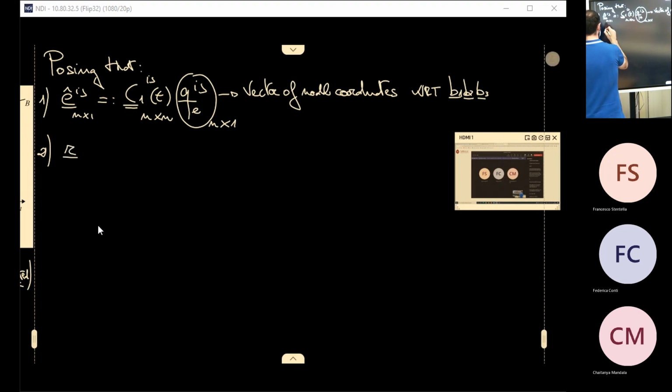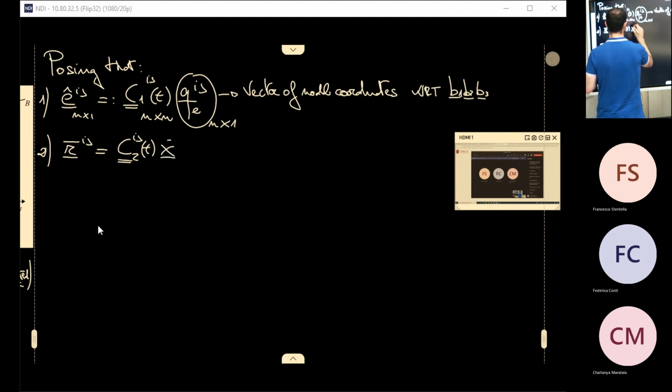Eventually, we could also write that the position of a point within the element ij described with respect to the body frame could be written as a matrix C2 ij, eventually function of time, times x ij.